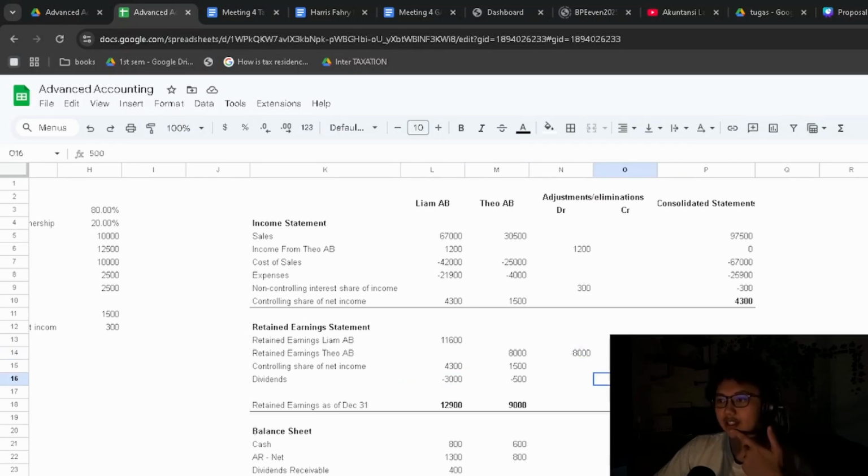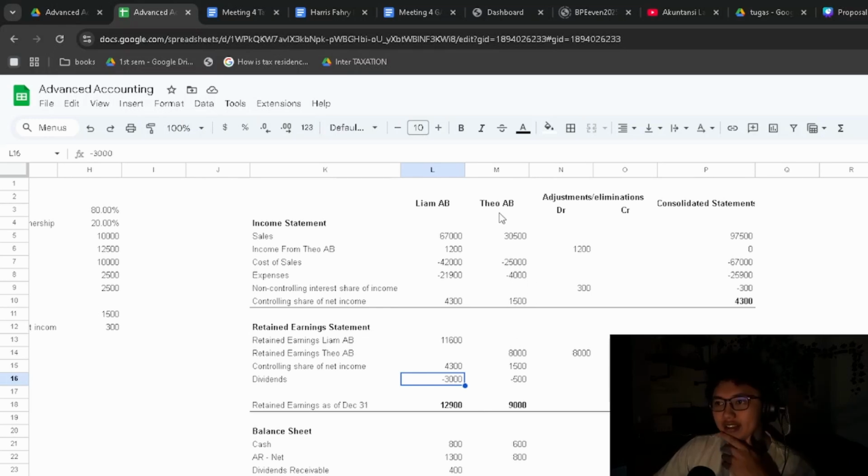Now, as for dividends, we still have both of them have negative amount of dividends, which means that they convert their money into cash to pay to the investors in a way, shareholders. I'm sorry.